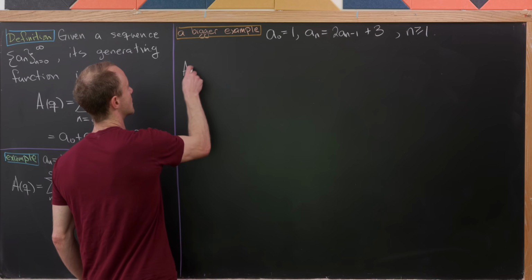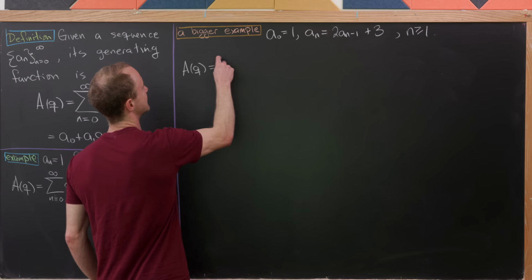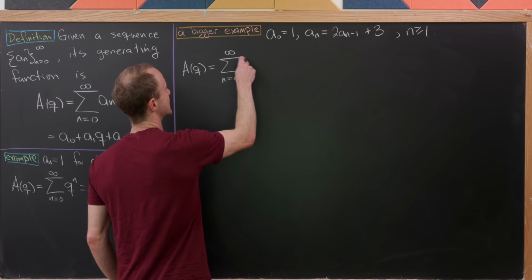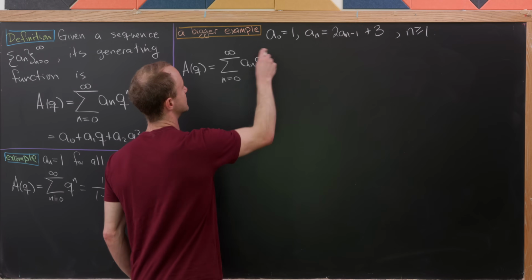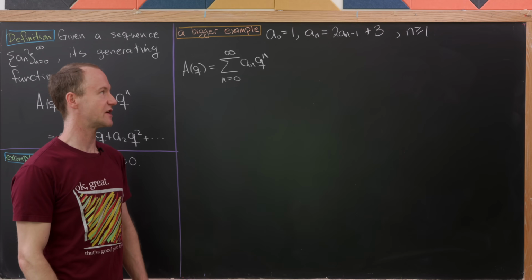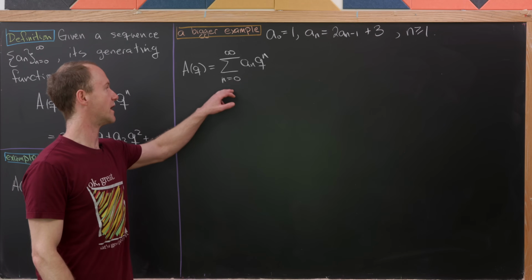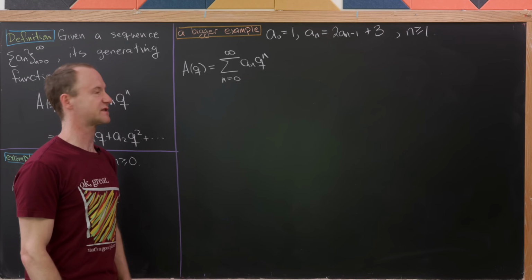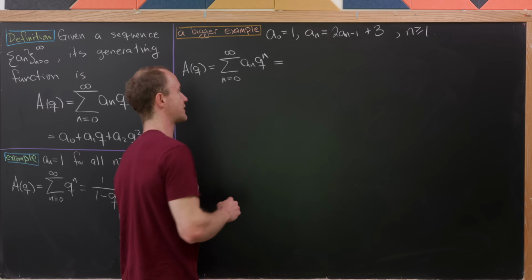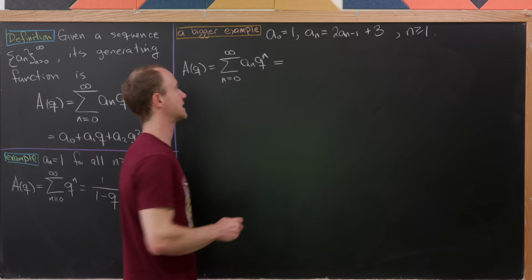So let's start with a of q, which we're defining to be the sum as n goes from 0 to infinity of a sub n times q to the n. Now observe that our recursion doesn't take over until n is bigger than or equal to 1. So what we need to do is split off the 0th term. But observe that the 0th term is 1, so that's simply going to be a 1.